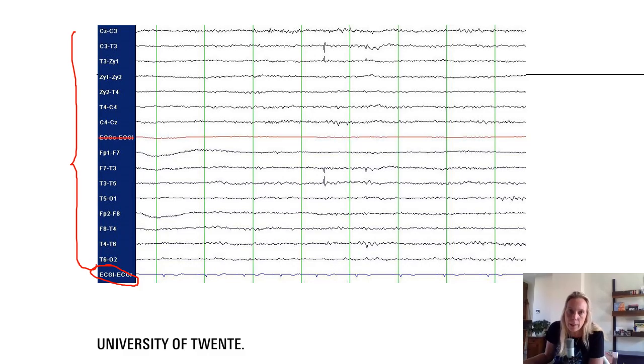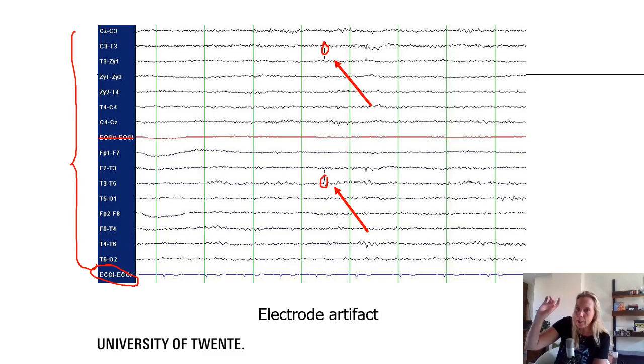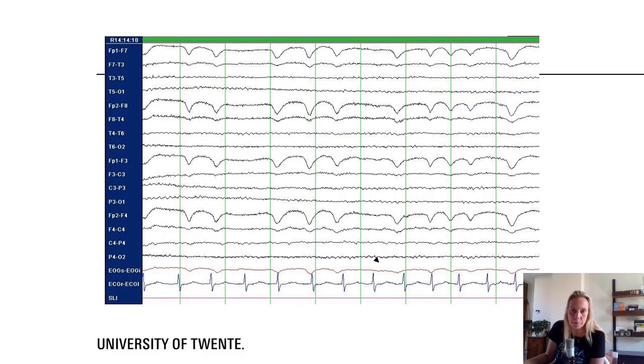What do you think the artifacts might be if you look at this picture? I think maybe you understand that these are the artifacts. These little spikes, those are not so normal. And this is in fact an electrode artifact. There's probably a short disconnection between the skull and the electrode. So this is why you see this very steep shift in the potentials.